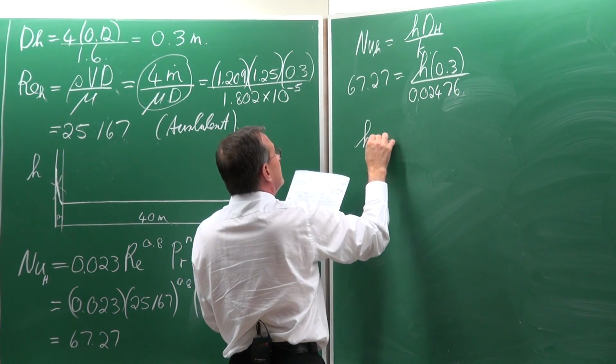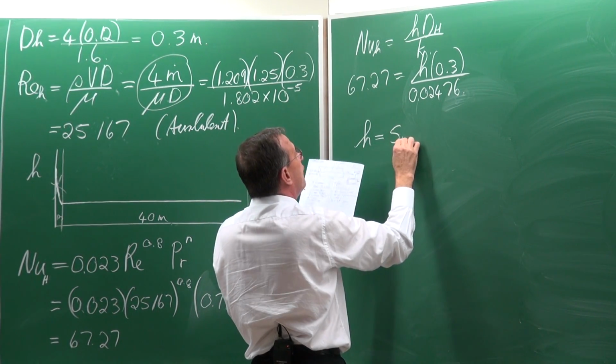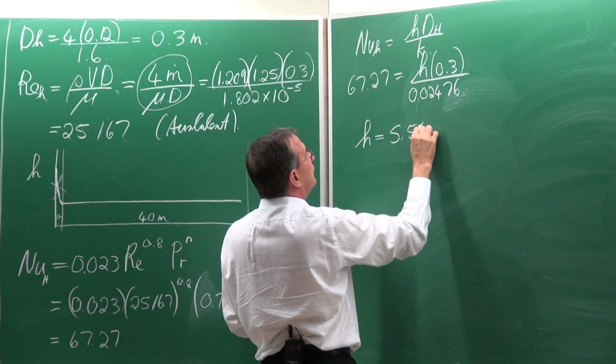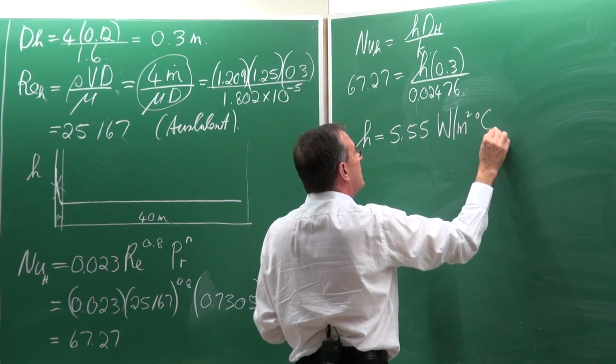And from that we can get the heat transfer coefficient as equal to 5.55 watts per square meter degrees Celsius.